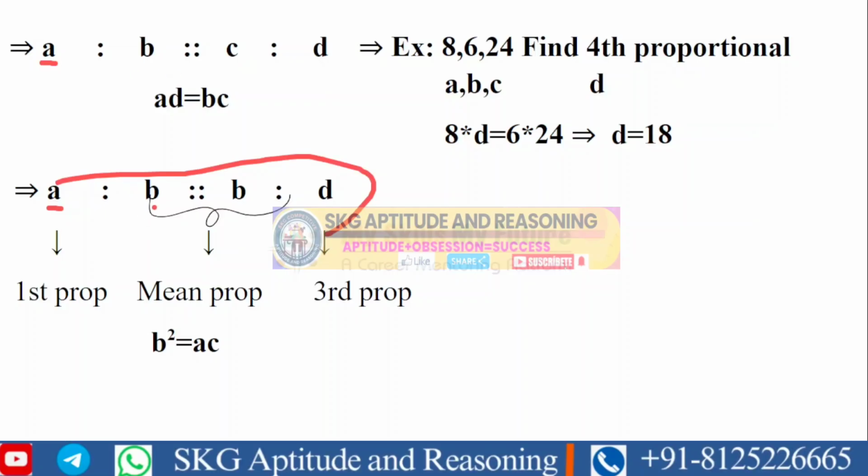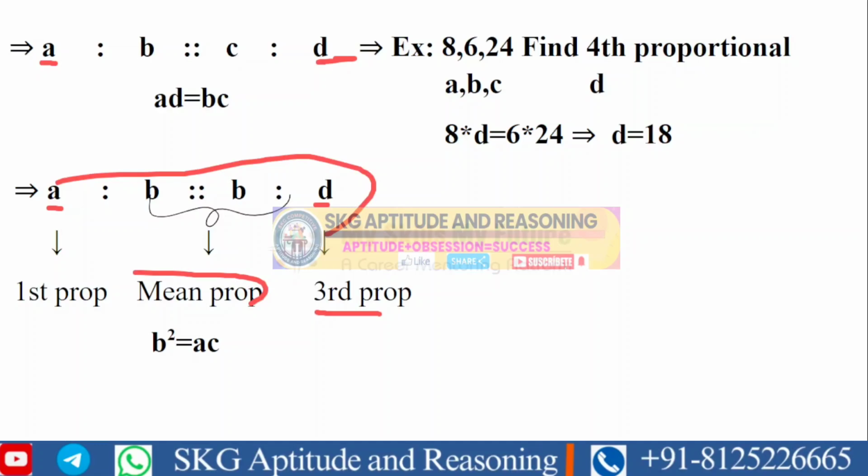Now if the B value is the same in both the ratios, we call this B the mean proportion. And this D, which in the previous case we called the fourth proportional, we now call the third proportional. Try to understand this topic.